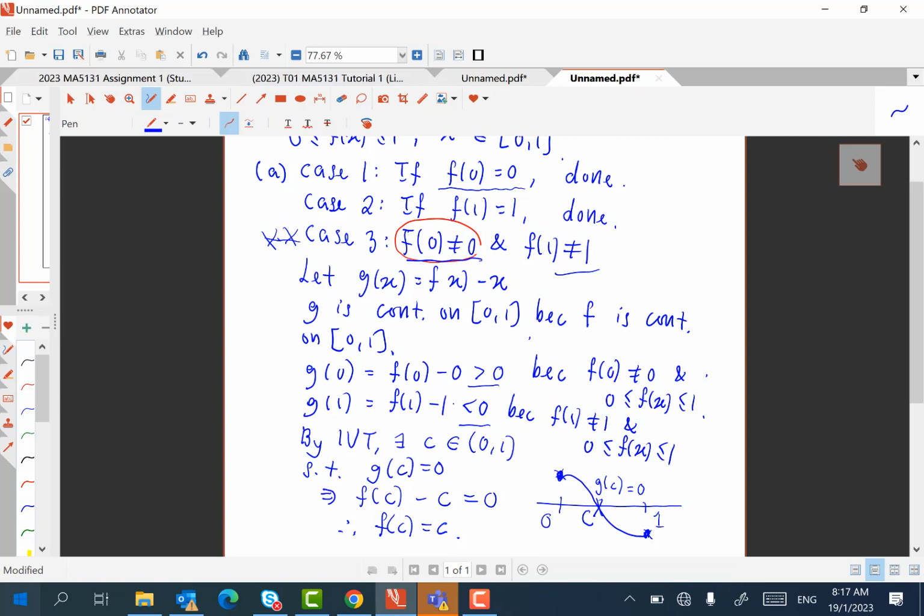That's why I considered cases 1 and 2 separately, to make sure that I have a case 3 where I can affirm the conditions of more than 0 and less than 0, and therefore I can use the IVT to conclude that there's something that maps to 0.